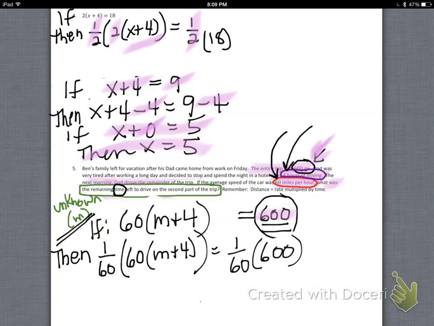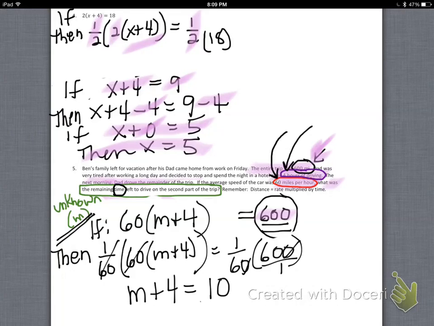This is going to cancel out, that's going to be 1, the multiplicative identity. So m plus 4 equals, and if I do my multiplication here, this is going to equal 10.